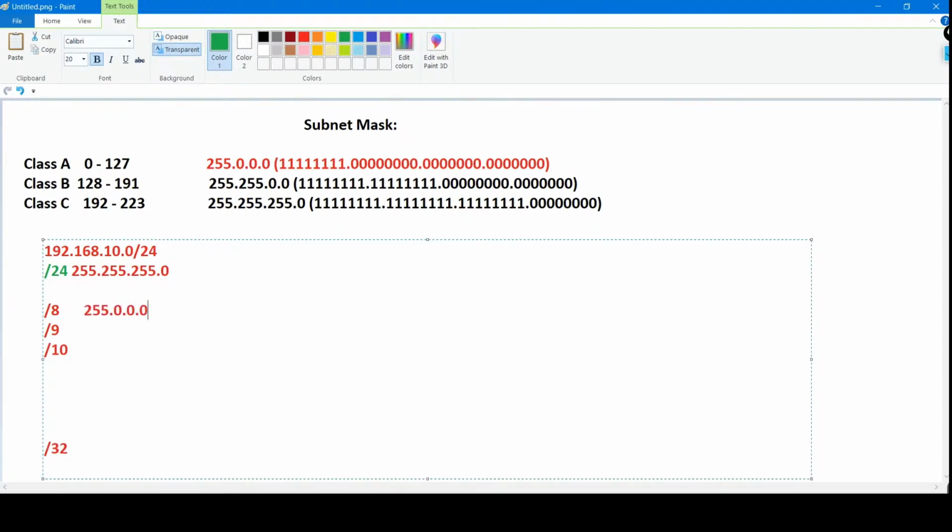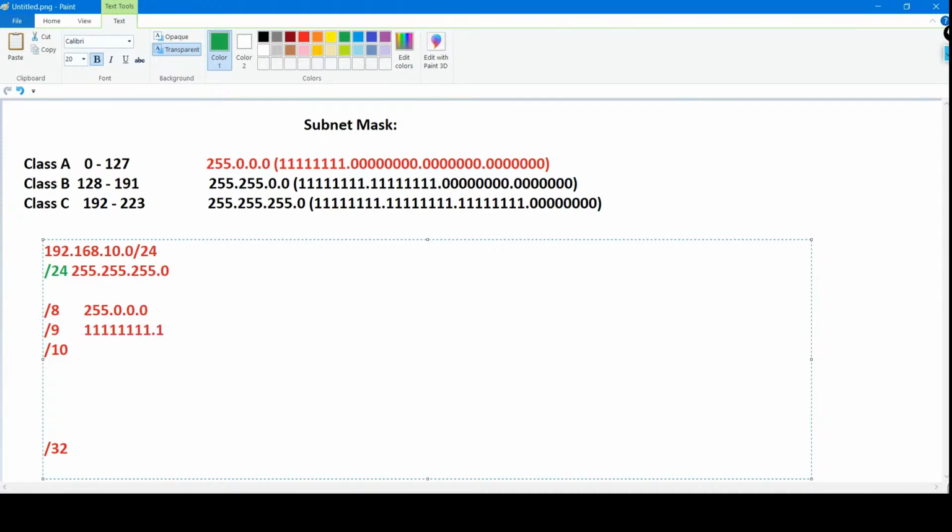For /9, the subnet mask will be what? See, /9 means there are 9 network bits, so in the first octet all bits are 1, and in the second octet there is one 1 bit. It will be 255.128.0.0. See, if you write /9 in binary, 1, 2, 3, 4, 5, 6, 7, 8, 1.